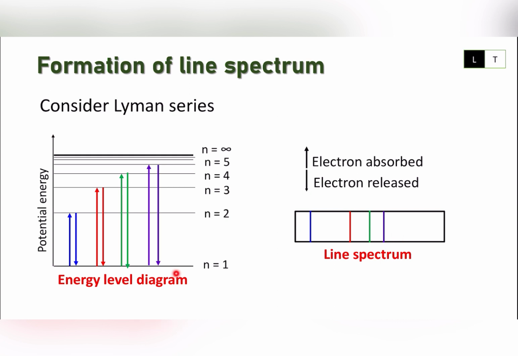But if you continue with the rest of them, you have to make sure that the electron falls back down to n equals 1, the ground state or lower energy level. Why? Because we are focusing on the Lyman series. The ground state should always be n equals 1.